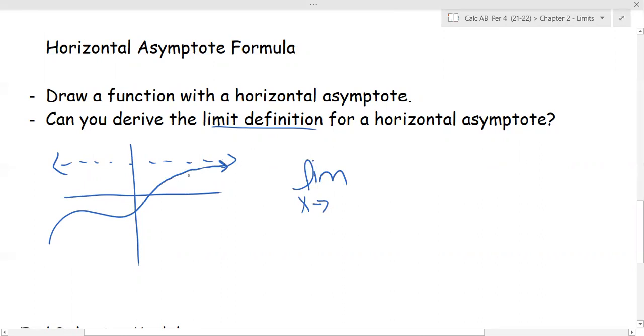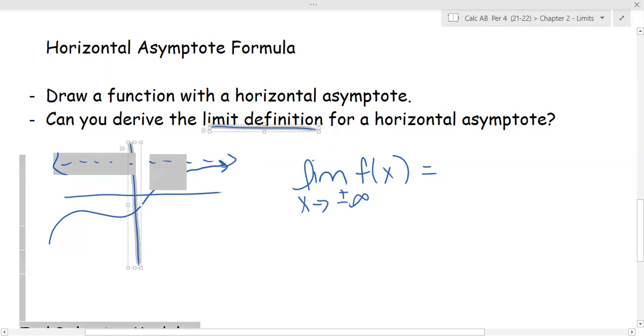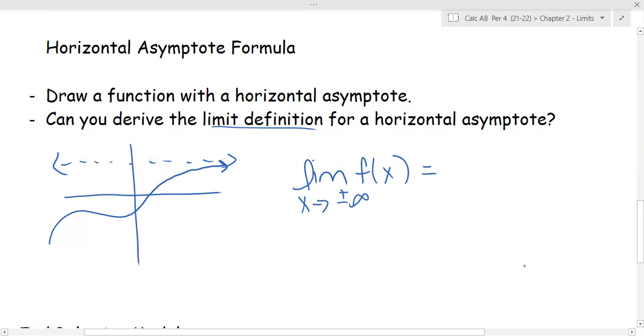It's easy to see that our x values are going to be getting larger, and it could be positive or negative infinity, of that function. So what's happening as my x values approach infinity? What should it equal in order to have a horizontal asymptote? Think about that.